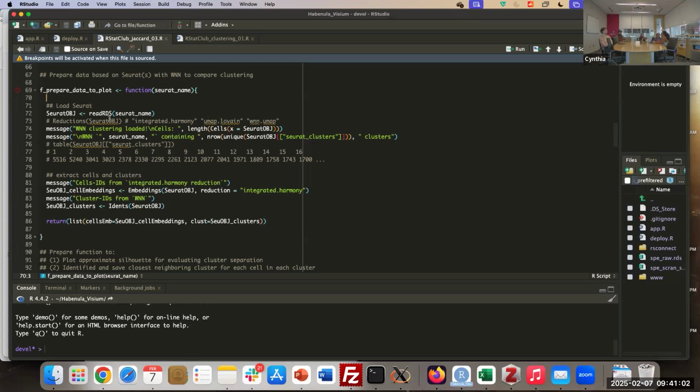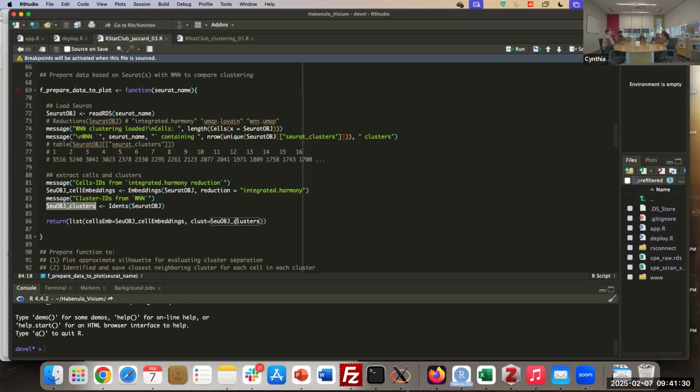So one way to work with this, because I have to load two big objects, was to just read the Seurat object here, and also just to pull the cells that are coming from the integrated Harmony. So I have here the metrics, and then I just pull the Seurat in a simple data frame.